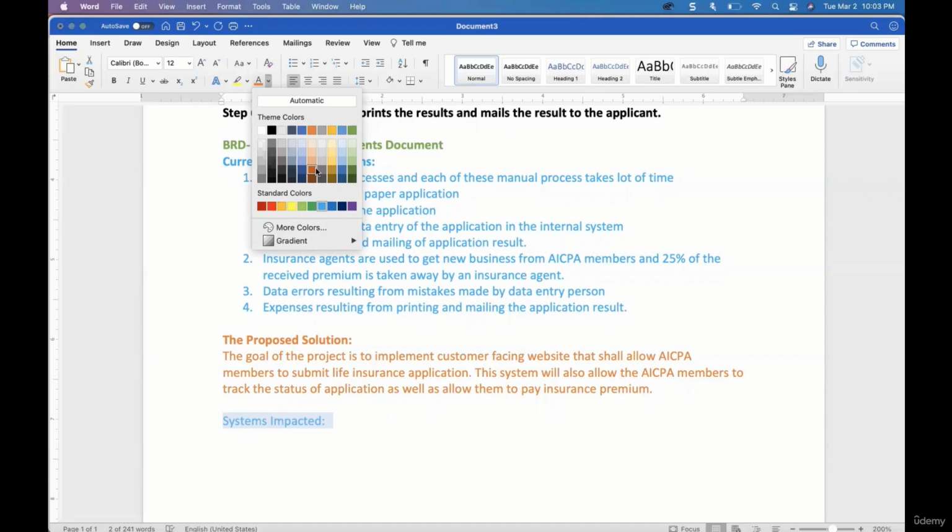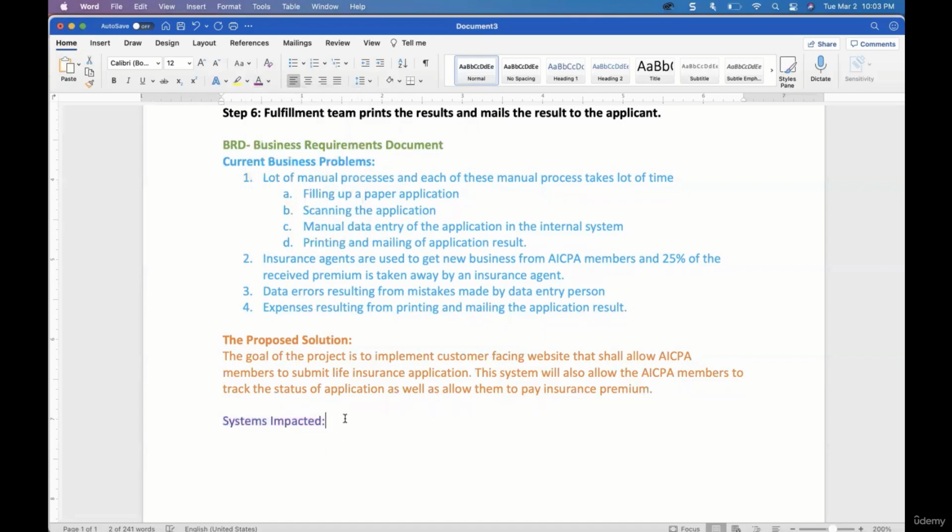What are the systems impacted? Since this is like a whole new project, I don't think any other system would be impacted except the data entry, I guess. I mean, they don't have to do work anymore.